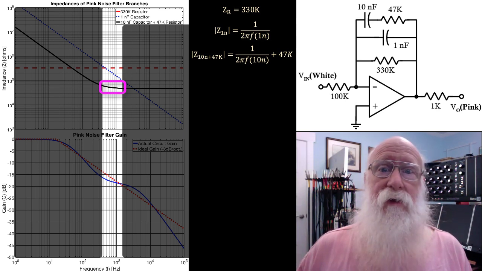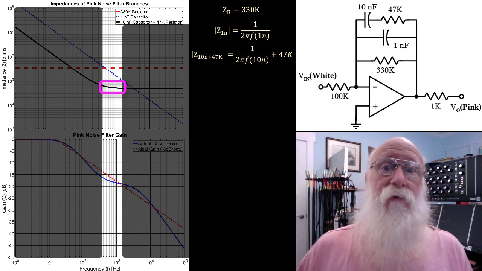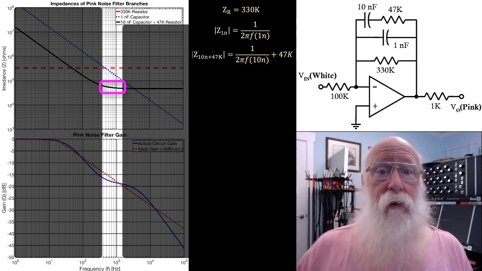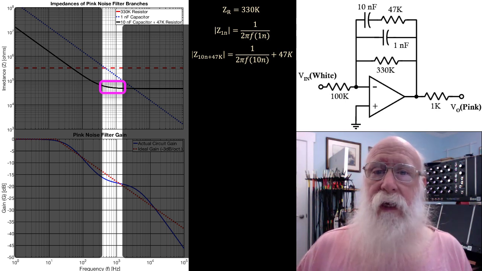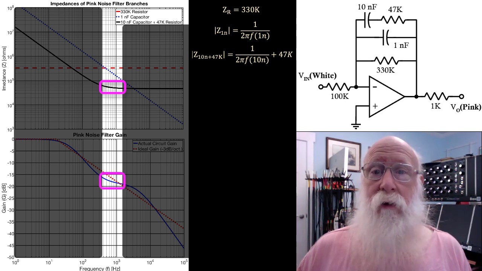In other words, the impedance of the 10 nanofarad capacitor itself has dropped below about 50K and is heading towards zero, but you've still got that constant 47K. Since this is still the dominant impedance in the parallel combination, the overall impedance is not changing very much because the 10 nanofarad 47K impedance is not changing much, and so your response levels out.